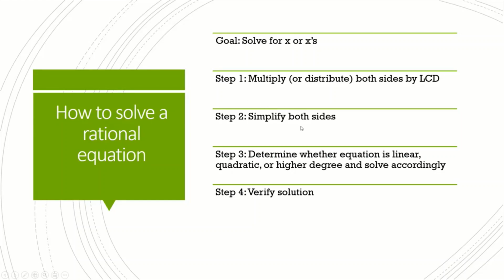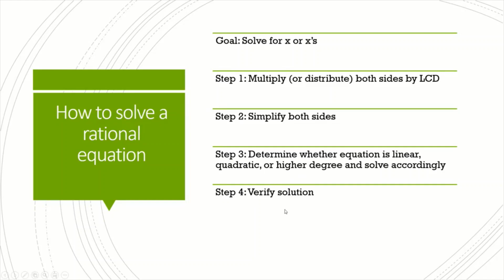Simplify both sides. Now, once you simplify both sides, you'll see whether it's linear, quadratic, or some higher degree. If it's linear, it would just be a regular x, and then you would just solve for x. If it's a quadratic or higher degree, because of the section that we're in, then you would solve by factoring.